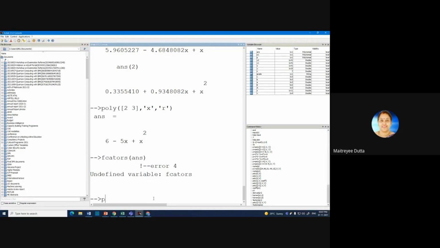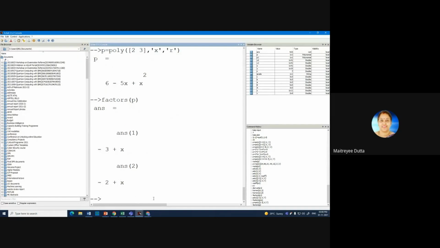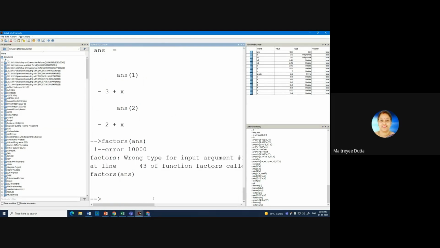Okay, let me just check. P is equal to poly, then 2, then 3, then x, comma, then r. If I give it like this, P is equal to this, and the spelling was wrong. Okay, factors of P, then it will give x minus 3 into x minus 2.